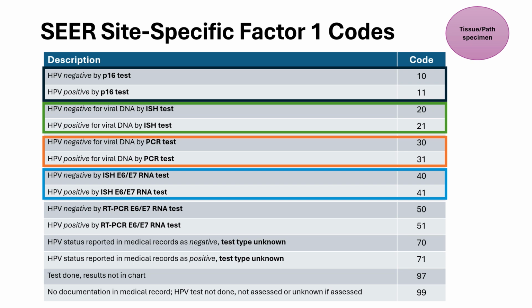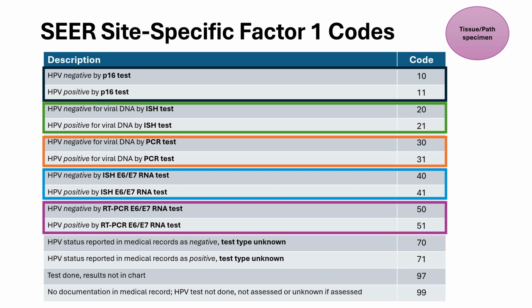If it's based on an ISH E6 or E7 RNA test, whether negative or positive, it's codes 40 or 41. And if it's HPV by RT-PCR E6, E7 RNA test, then those are codes 50 or 51, whether they're negative or positive.